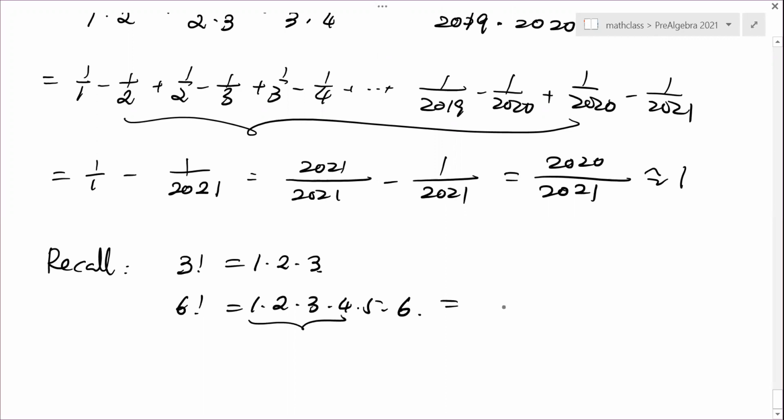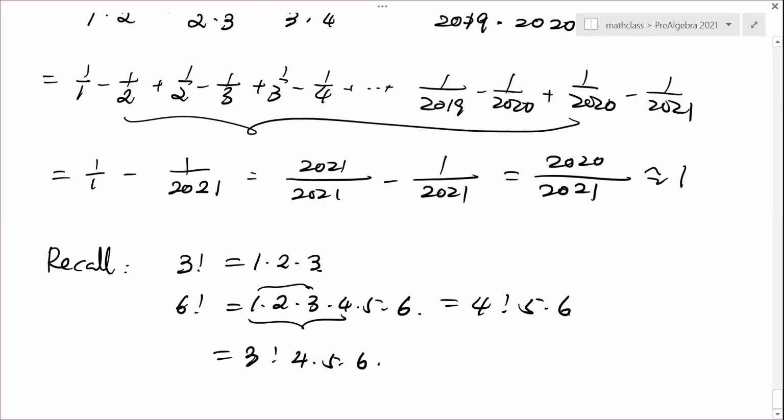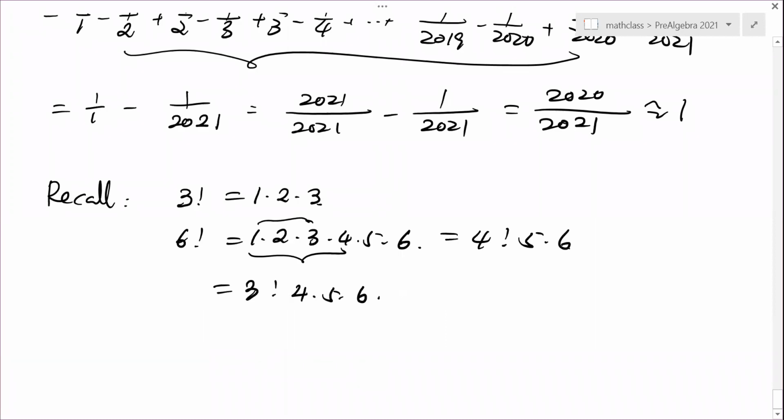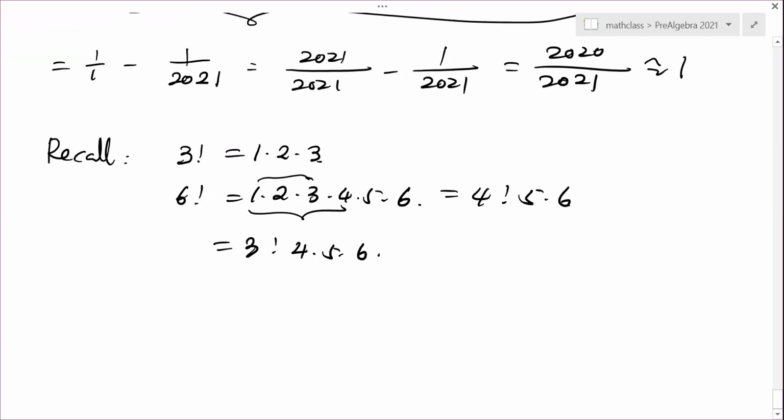That's going to be 4 factorial times 5 times 6. You can also stop here. It's 3 factorial times 4 times 5 times 6. So if you understand this, let's work out the following.